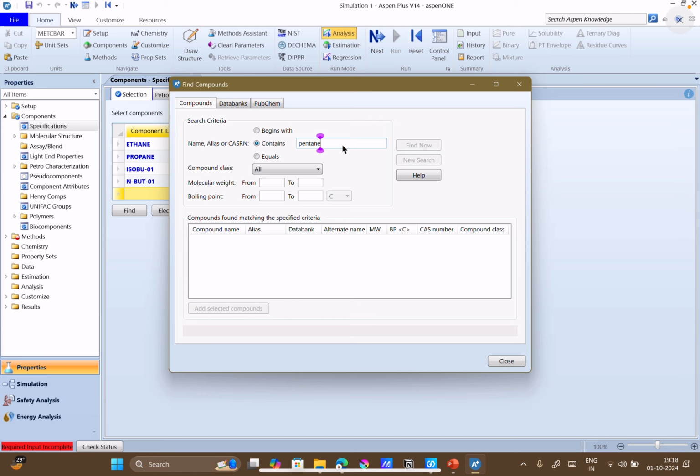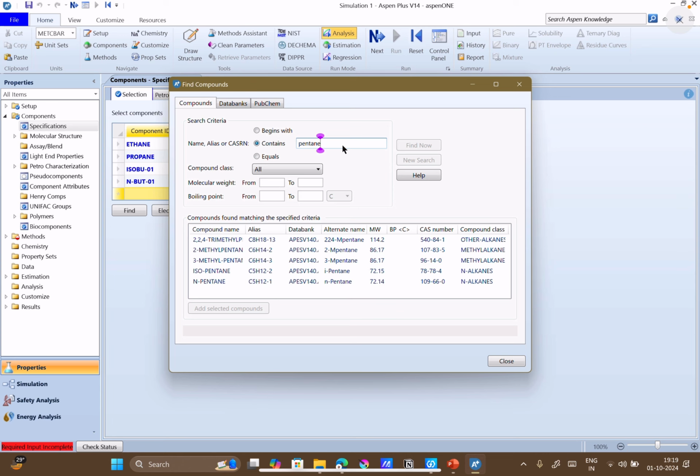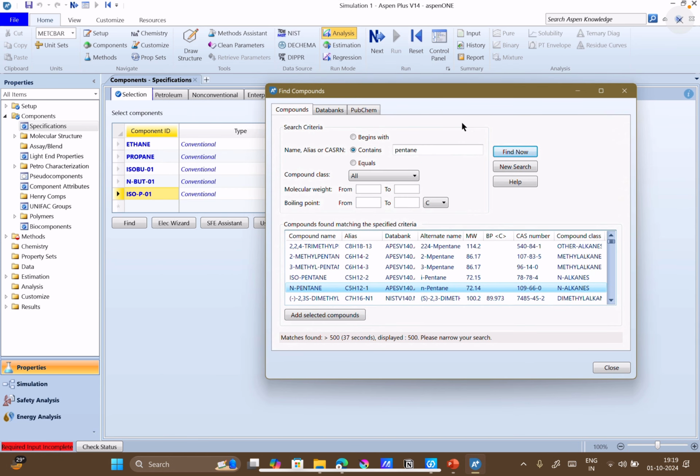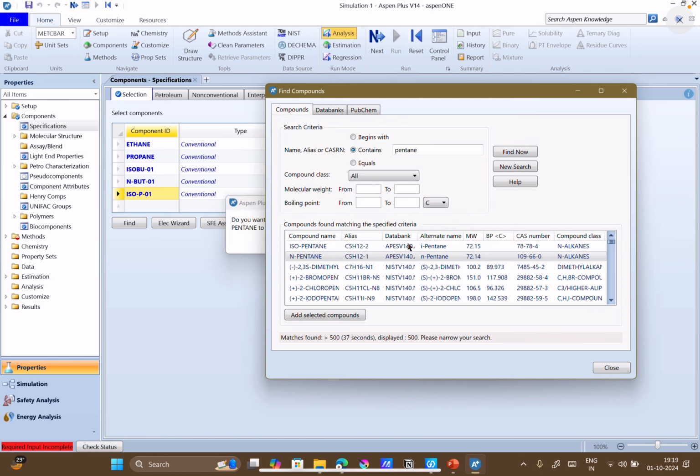Recording is well. Okay. Yeah. So we want to add isopentane, then N-pentane, add.